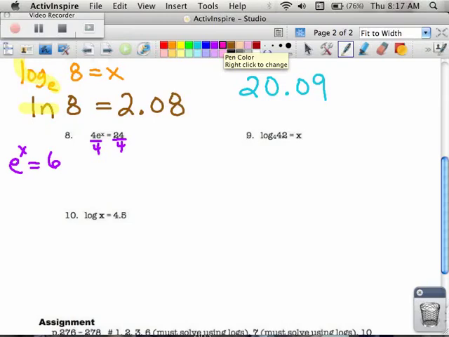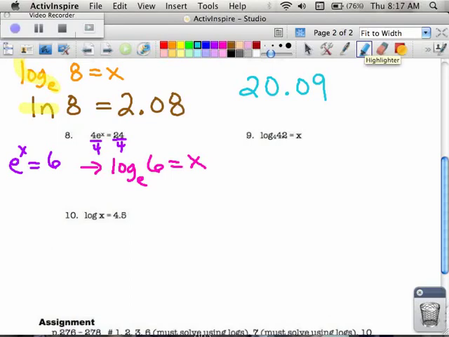So now I know that this is really talking about the log base e of 6 equals x. And we know that when we see log base e, that's really the same as ln. So I just want the ln of 6. 1.79, so that we're all on the same page there.